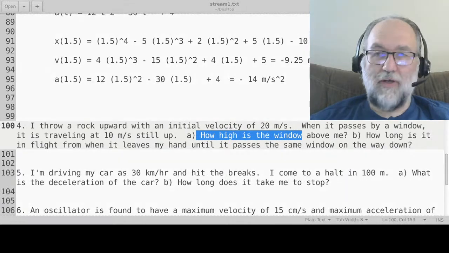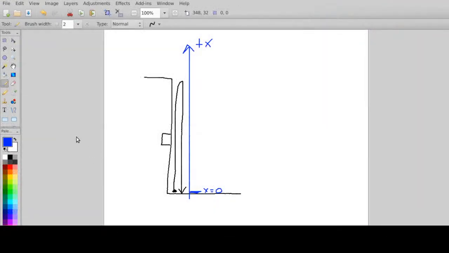Those are the two points of interest. So for the initial we will choose down here. I'll just put an I there, and our final will be right there. The rock is still moving up for part A, and that's the final.